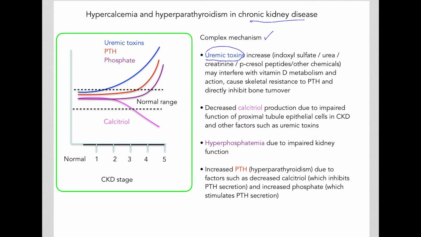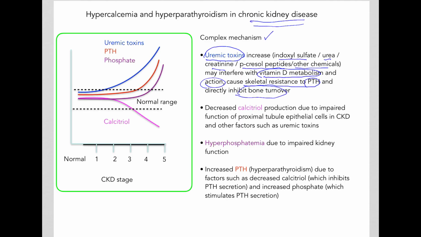Some of these may be uremic toxins such as indoxyl sulfate, urea, creatinine, paracresol peptides, as well as several other chemicals. And these chemicals may interfere with the metabolism of vitamin D or the action of vitamin D. And they may also cause skeletal resistance to parathyroid hormone, as well as directly inhibit bone metabolism.